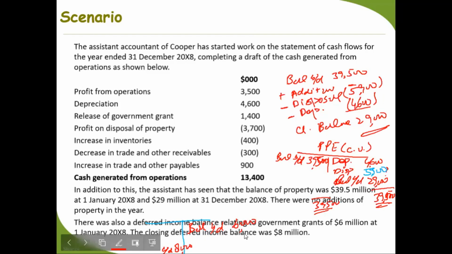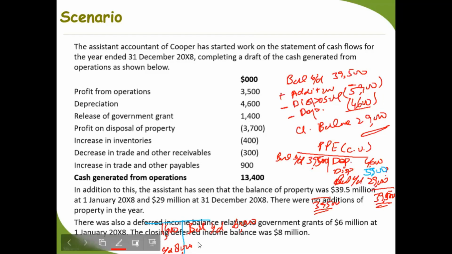That was our opening balance and that was the closing balance. And the release of government grant in our SPL, how much was that? 1,400. And it would be on the debit side here, 1,400.